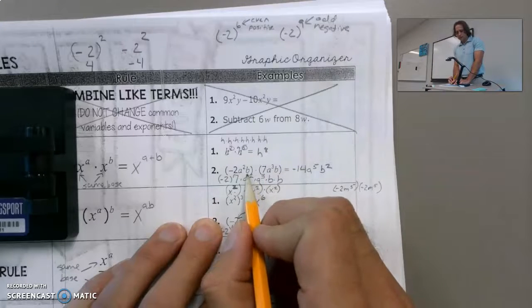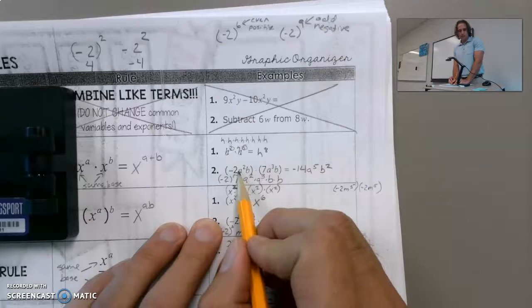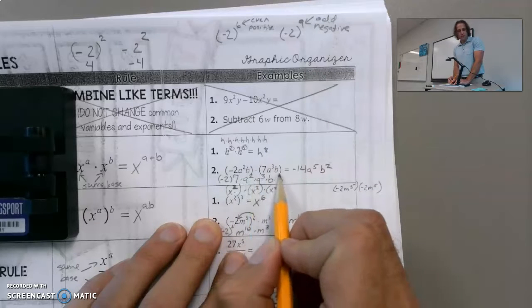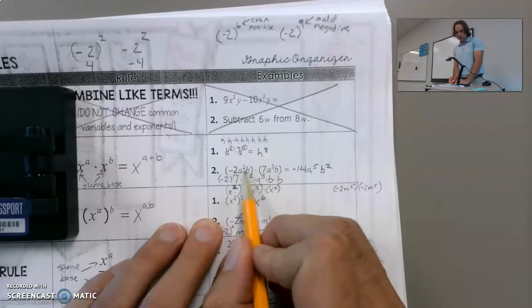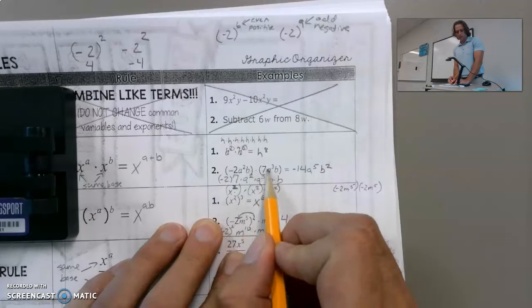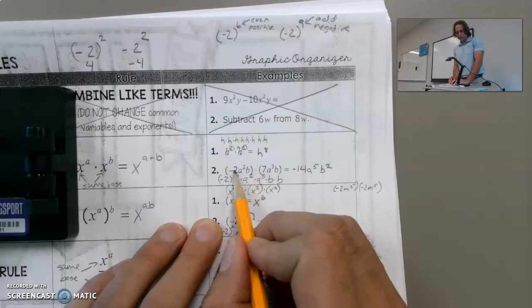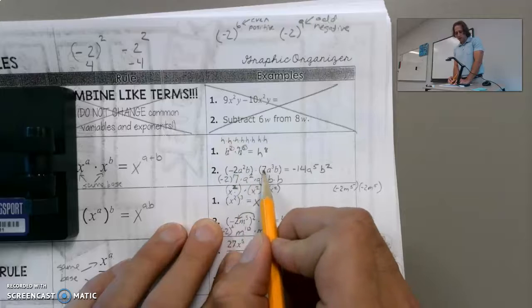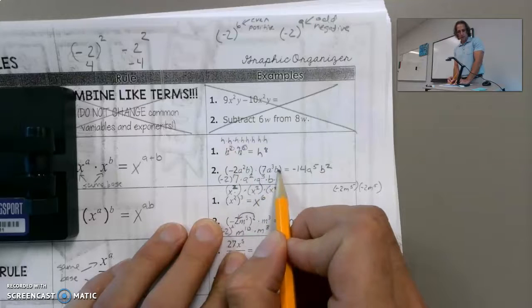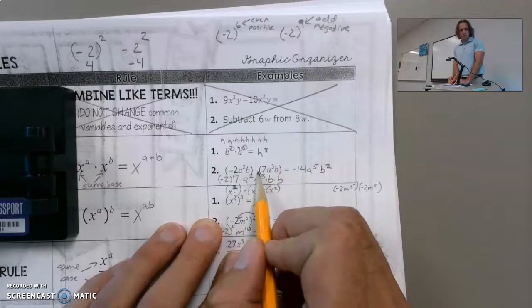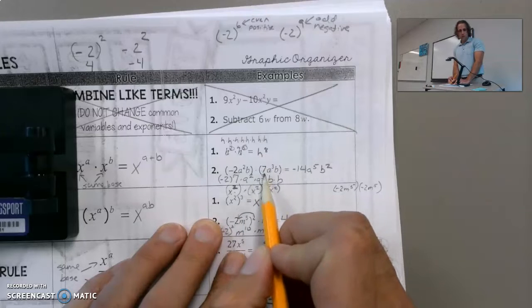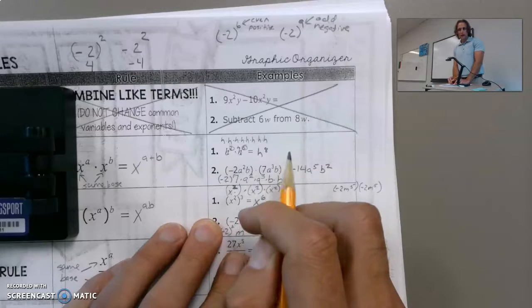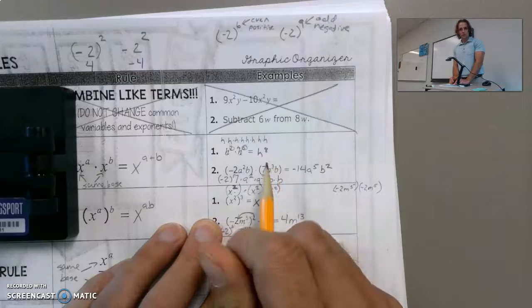Down here you have a second example, and I think it's important to identify all the factors that are present in this problem. So in this problem, you have 6 different factors that are being multiplied together: -2, a squared, b, 7, a to the third, and b. Because multiplication is commutative and I can move those around, I'm going to order those together in ways where the like bases will be multiplied together.